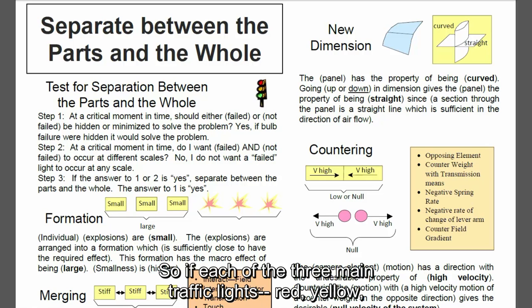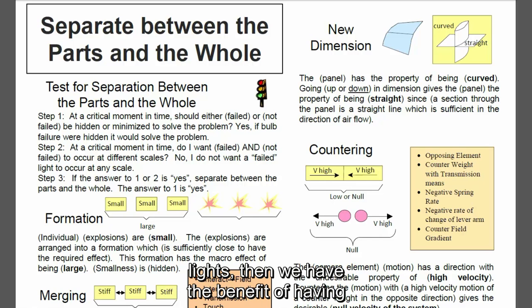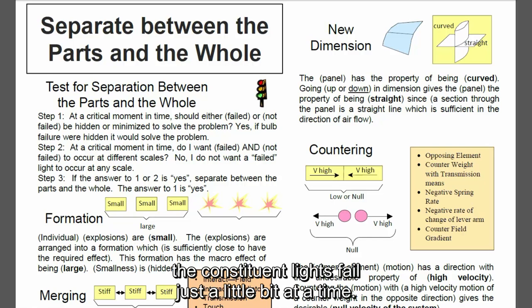So if each of the three main traffic lights, red, yellow, and green, is actually a collection of many smaller lights, then we have the benefit of having the constituent lights fail just a little bit at a time.